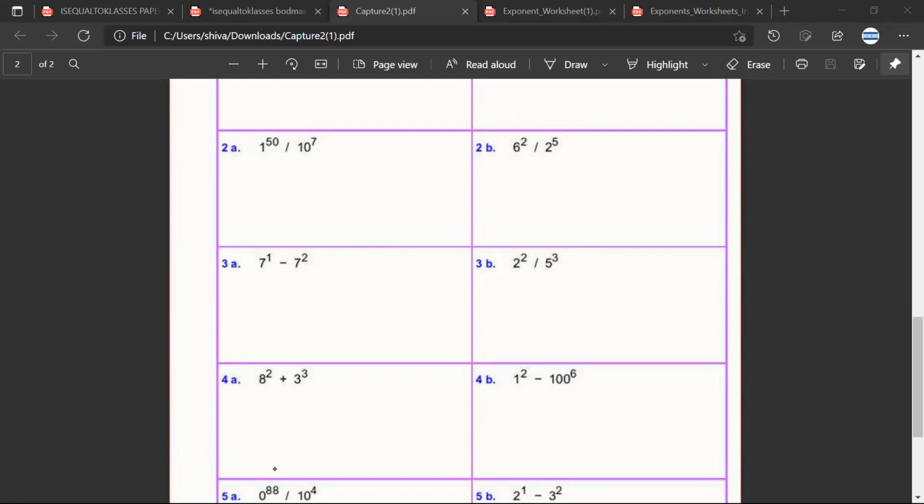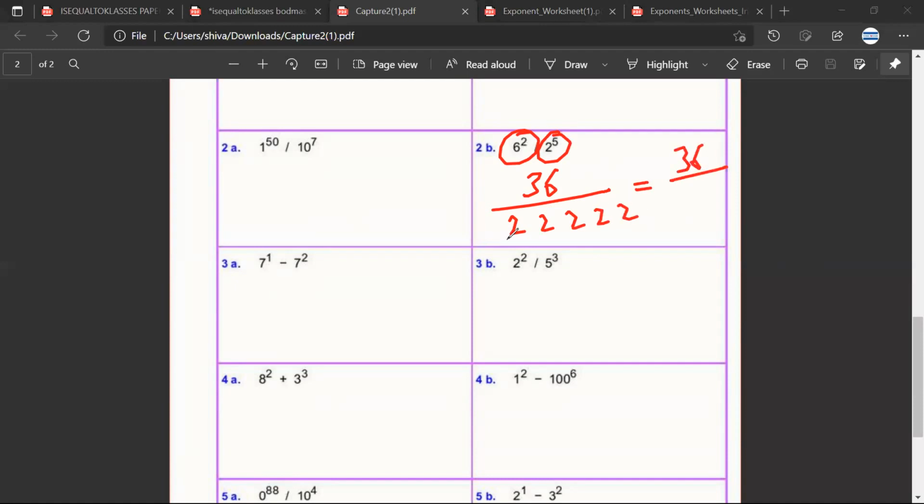It will be 36, not 12. Any doubt? No, sir. This will be 36. 2 raised to power 5 would be 2 into 2 into 2 into 2 into 2.